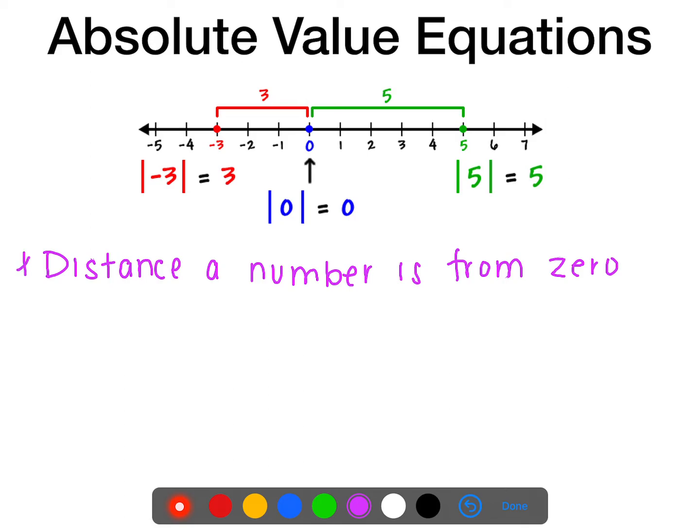So it's how far you are from zero. You can draw yourself a picture if you like, or just write down how far you are from zero.